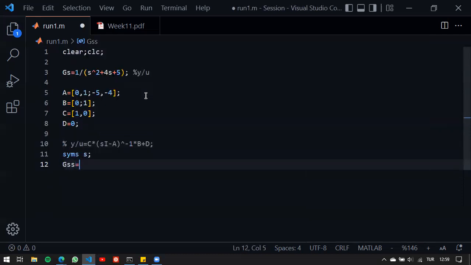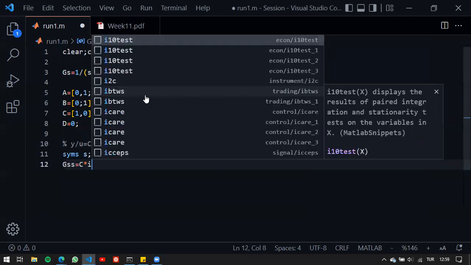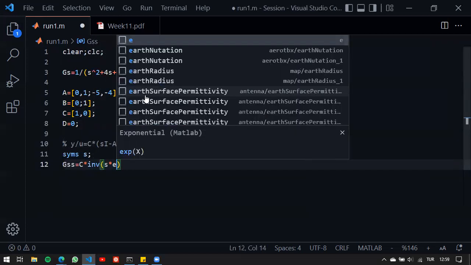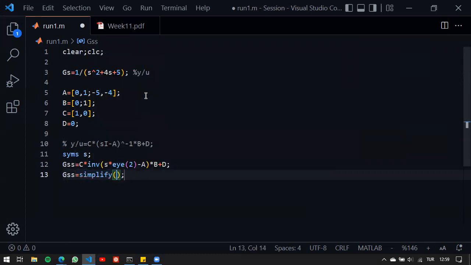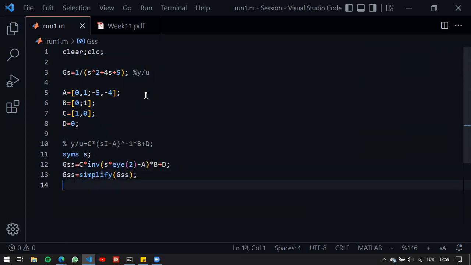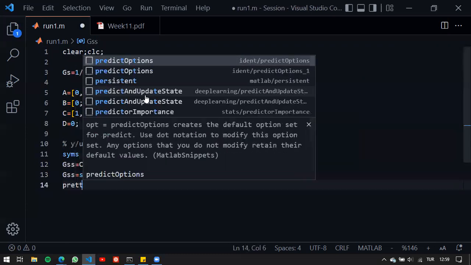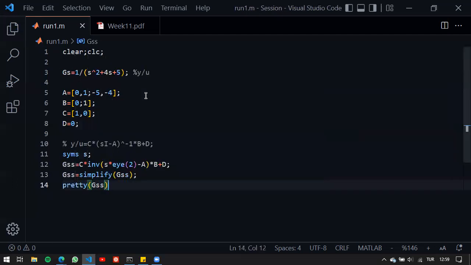I have to just use C times the inverse of S times the identity matrix 2, or 2x2, just 2 is the same, times B plus D. So maybe we should simplify it because we're using a symbolic toolbox, and maybe pretty in order to have a pretty output.